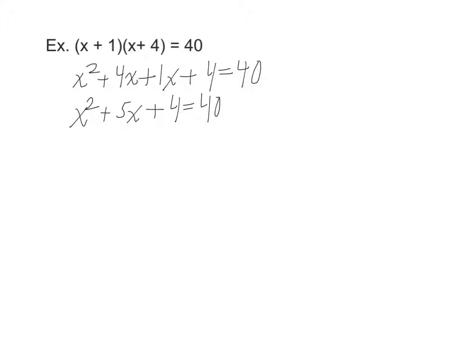If I started factoring from here, I'd be right back to where I started. Instead, I'm going to move this 40 over to the other side. It'll come over as a -40, making it -36. Now I can start the process. There's a 0 on the right, just like I need.